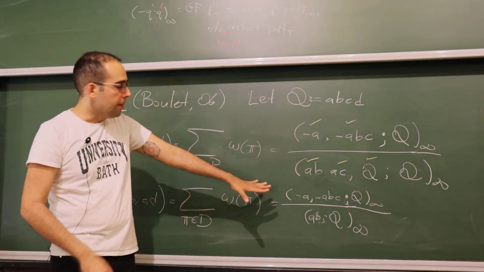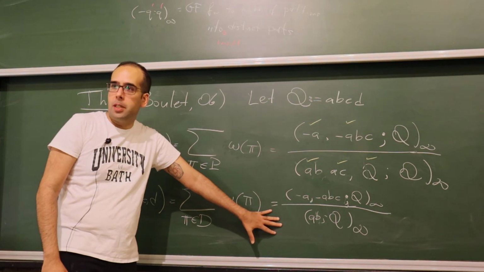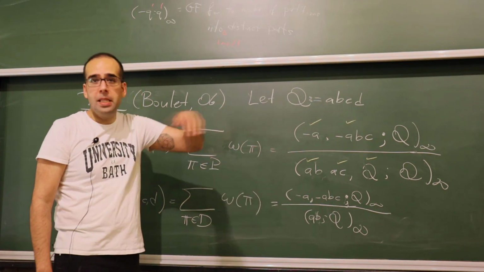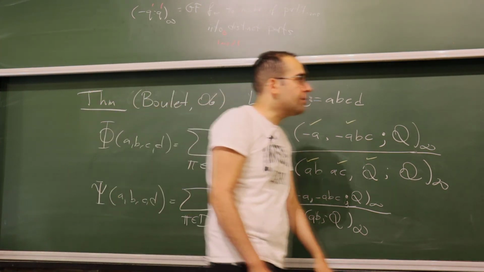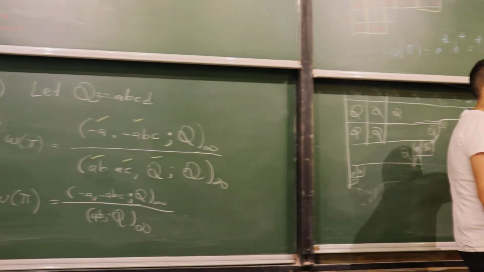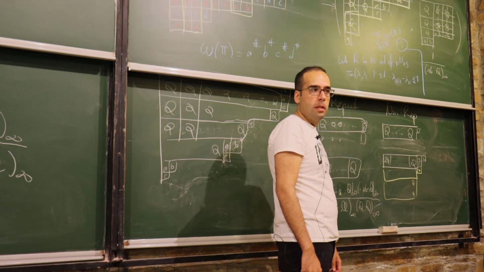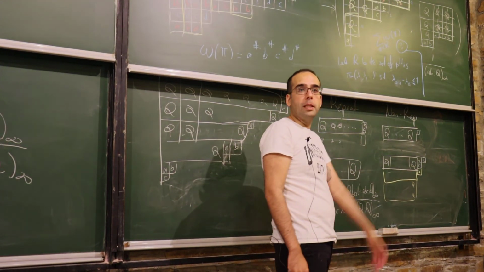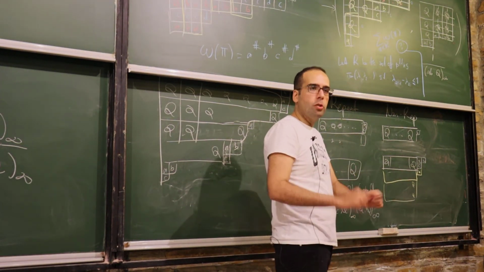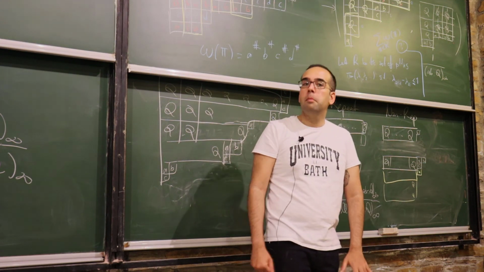Anyway, okay, if I want distinct parts, what am I missing? I'm not supposed to have any repetition of rows. Right? I should make sure that the rows do not repeat themselves. There's some bijection going on. I'm lying a tiny bit here, but that's okay.